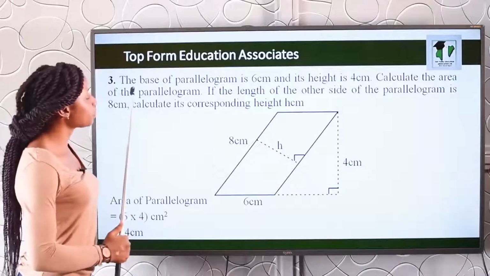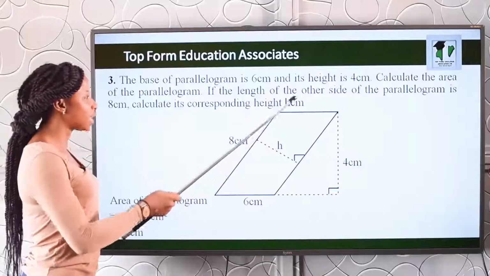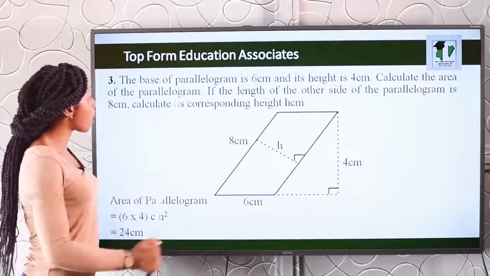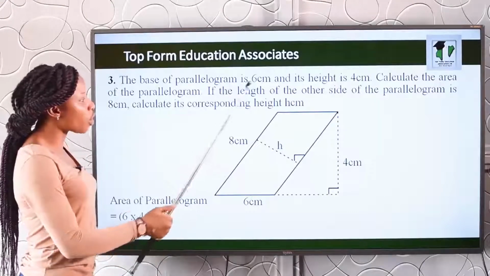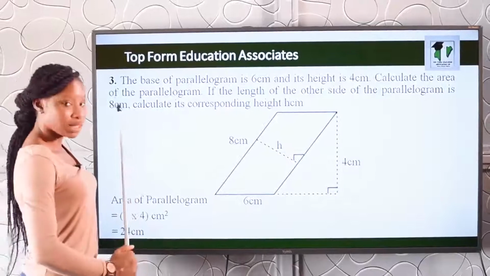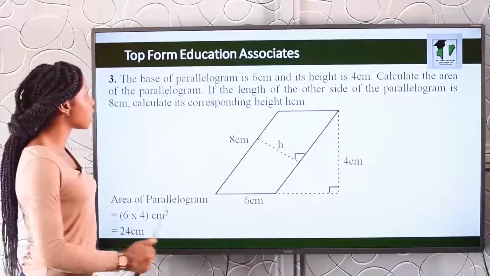Now, 3. The base of a parallelogram is 6 centimeters and its height is 4 centimeters. Calculate the area of the parallelogram. Now, if the other side of the parallelogram is 8 centimeters, pay attention. We have 2 parallelograms here. Let's go again.